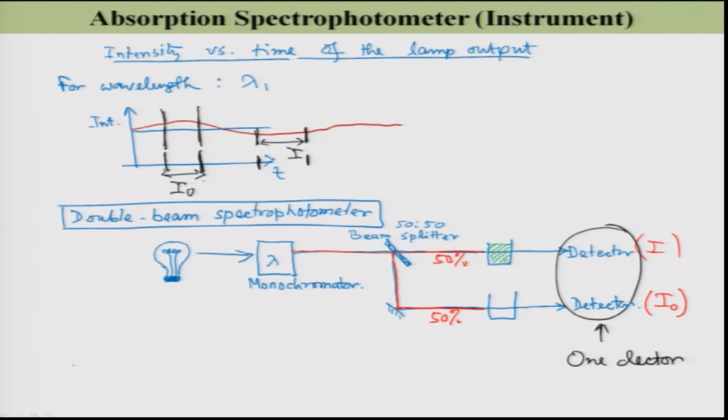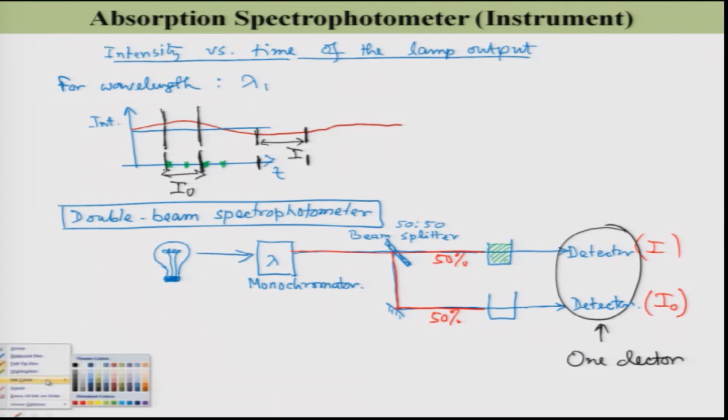But in this case, you are going to measure I over here, then again I over here, again I over here, and just next to it you are going to measure I0.